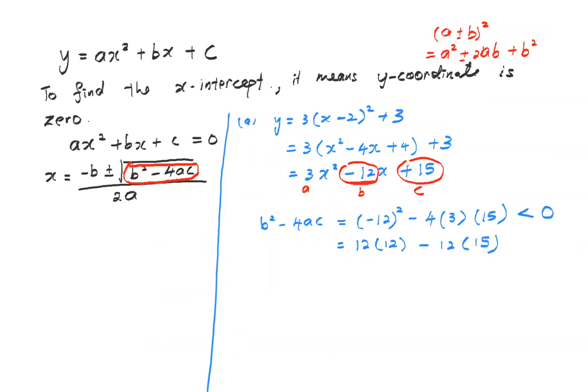How many 12 do I have in the first one? I got 12, 12, correct? The second one, I got 15, 12, correct? So if I take off, I still lack 3, 12. That's how I get negative 36.